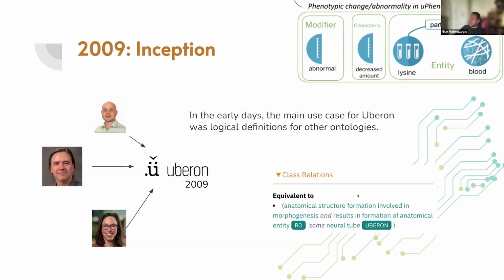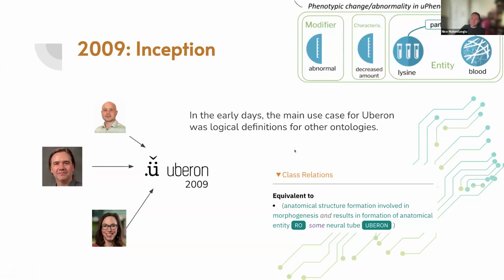All right, I'm going to give a brief idea of the history. Uberon was created in 2009 as a project that was mostly driven by a few people that most of you should recognize as founding members of the Monarch initiative: David Osumi-Sutherland, Chris Mungall, and Melissa Haendel.